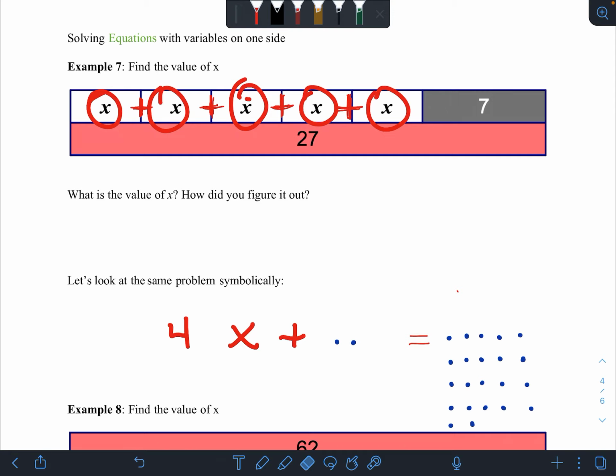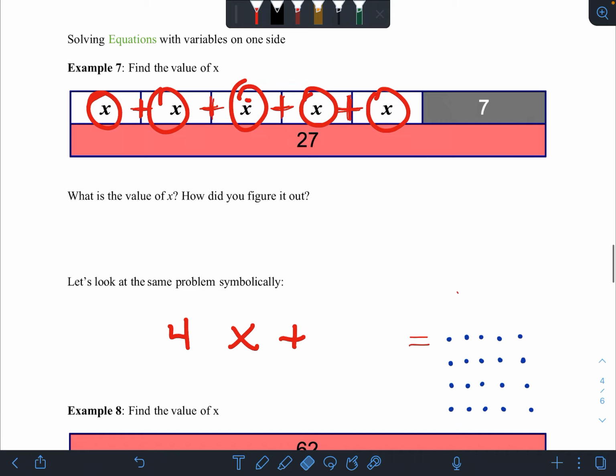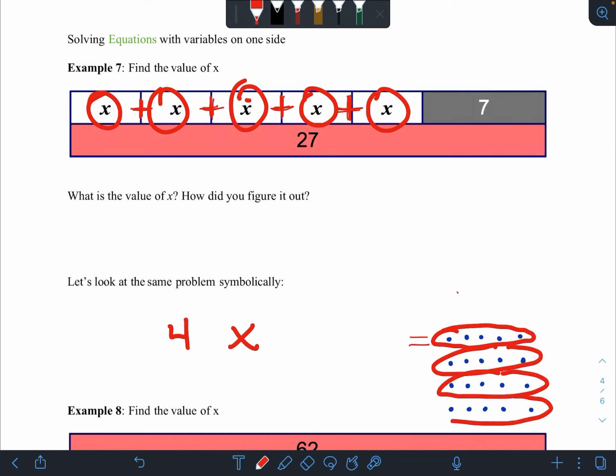I can get rid of 5 of those blue dots. I can also get rid of 2 more of those dots from both sides. Now what we know is that those 4 x's have to equal what's on the right side. If I split this up into 4 equal groups, we can see that each of these groups is going to have 5 dots in them.